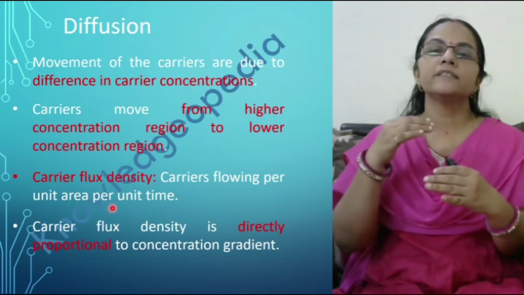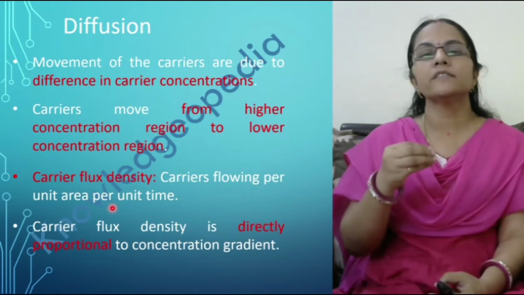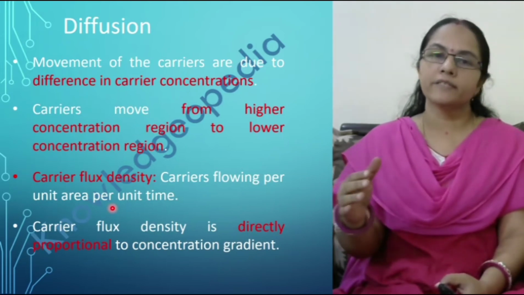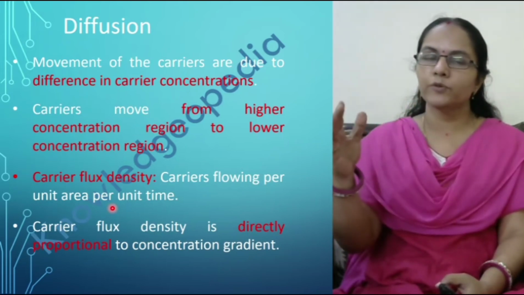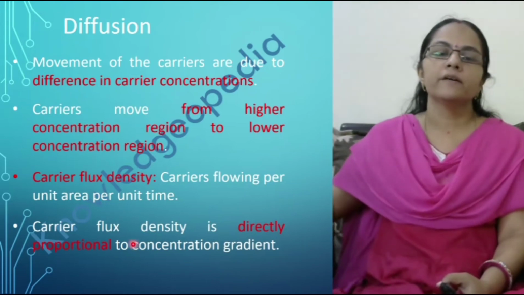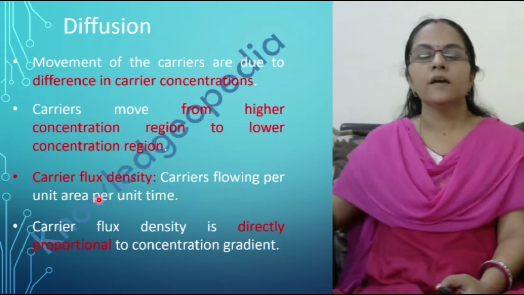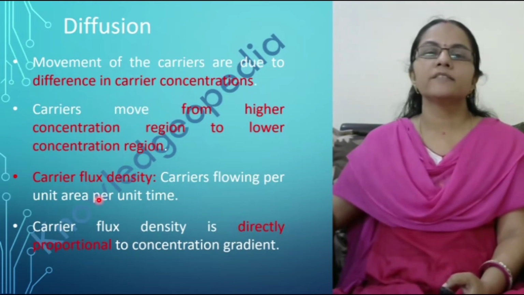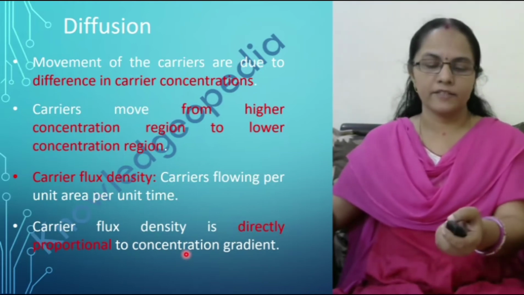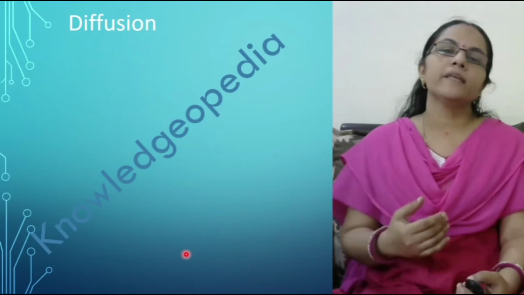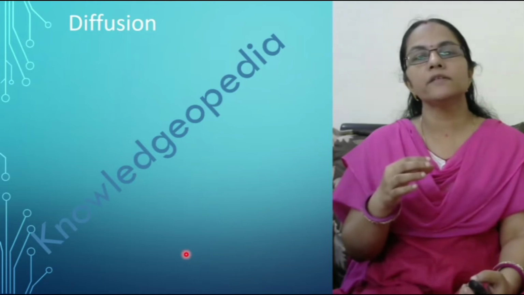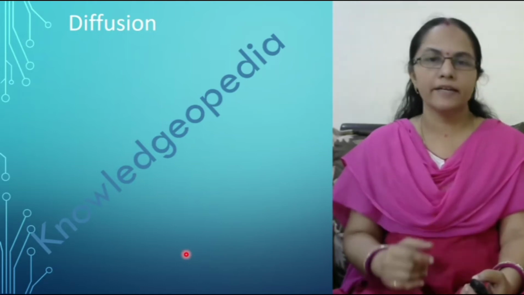That is the change in concentration of carriers with respect to distance. So as we change the position, how the concentration is changing is measured by the concentration gradient. And the carrier flux density depends on the concentration gradient.